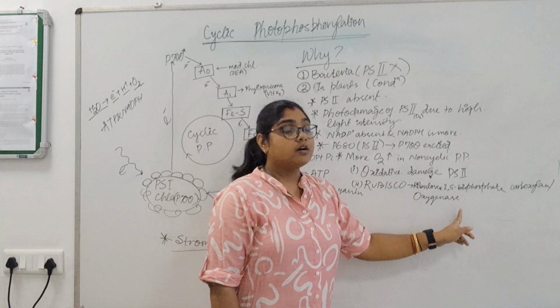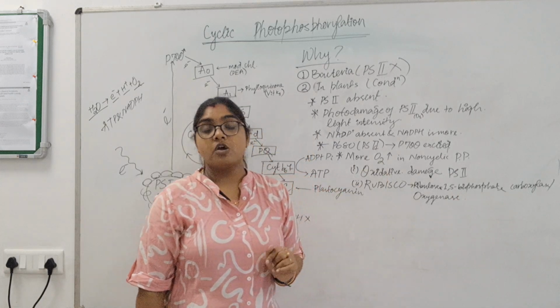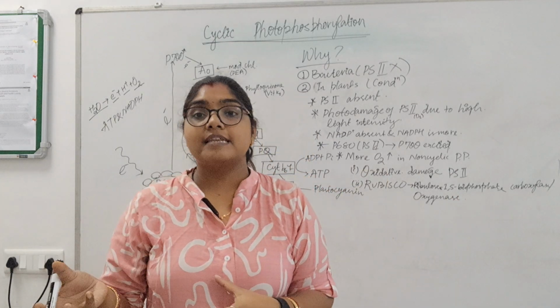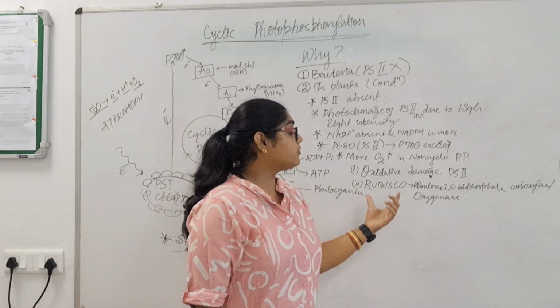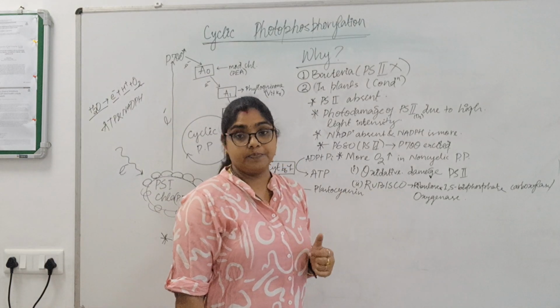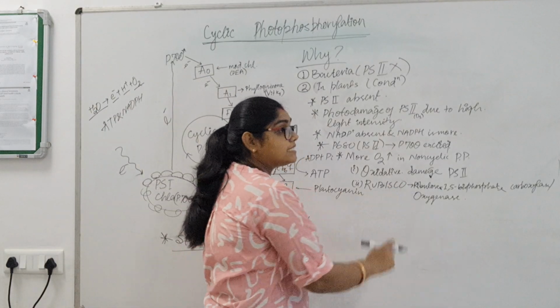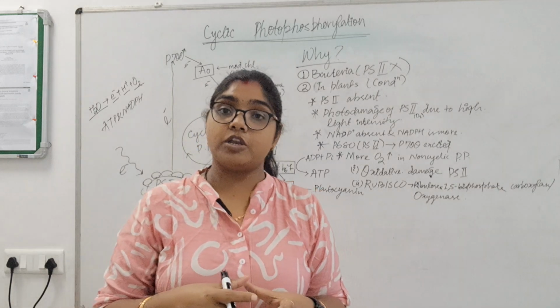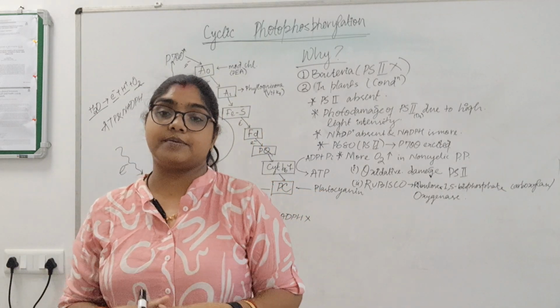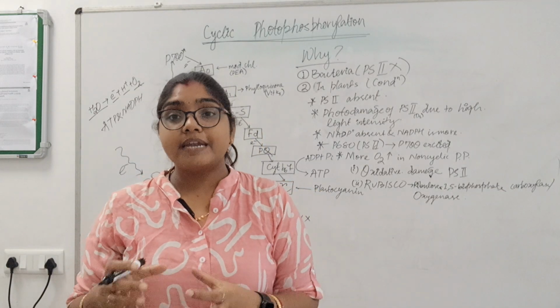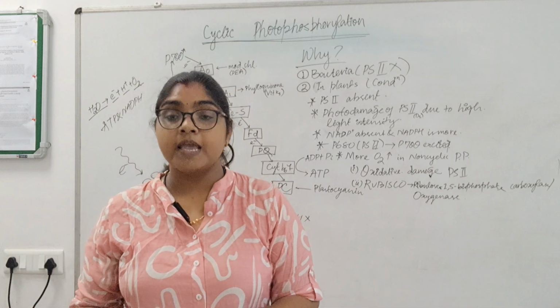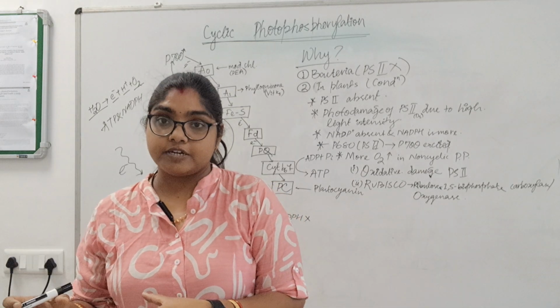So when more oxygen is released, it confuses the Rubisco enzyme, and Rubisco starts fixing the oxygen molecule instead of the carbon dioxide molecule. When carbon dioxide is fixed, it produces carbohydrate.